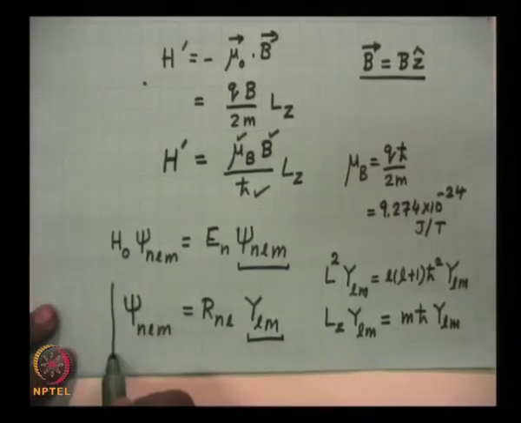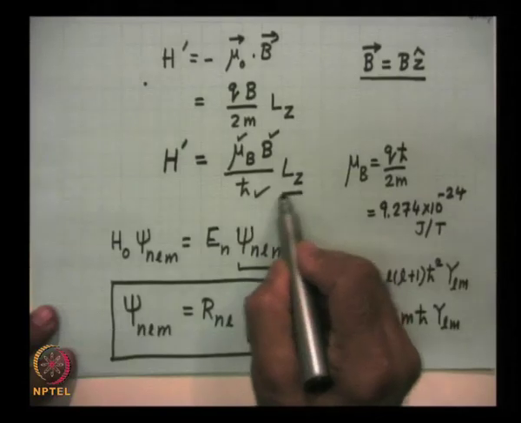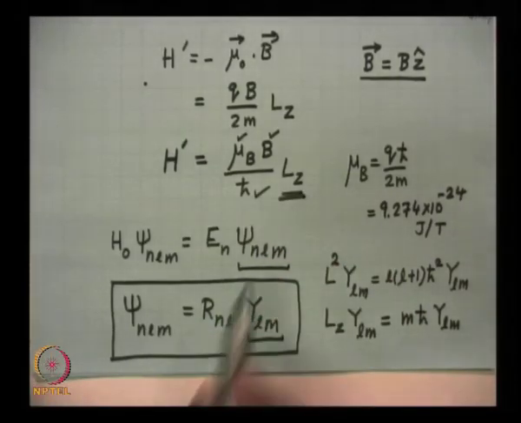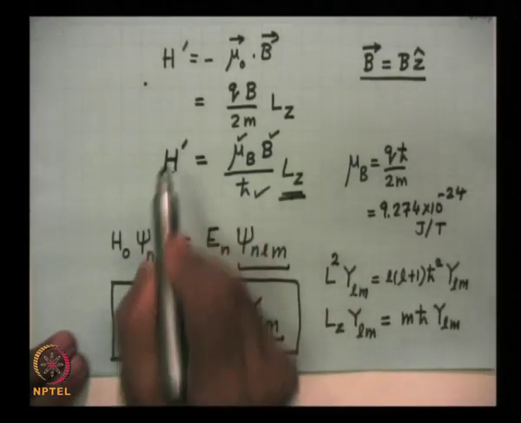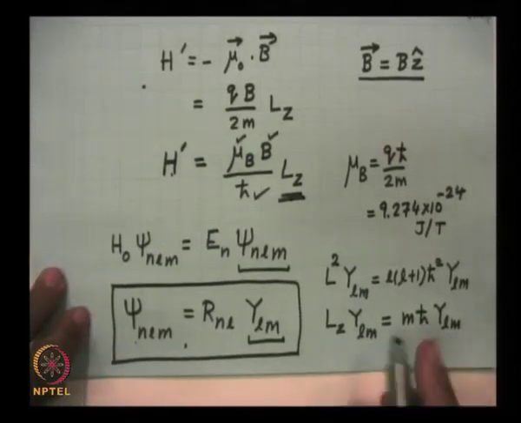So the hydrogen atom wave functions are eigenfunctions of the operator Lz. So please see that Lz Ylm is equal to mħ Ylm.